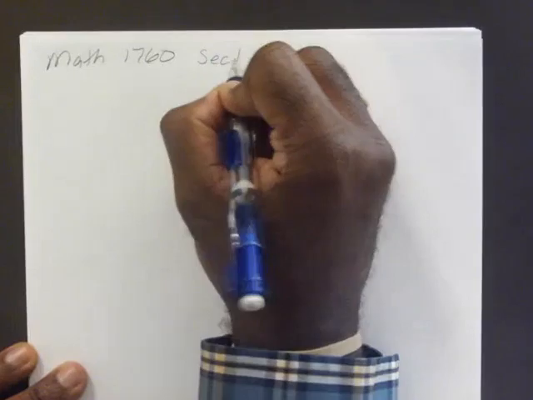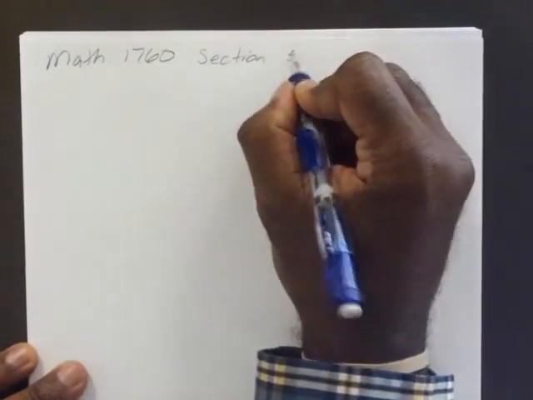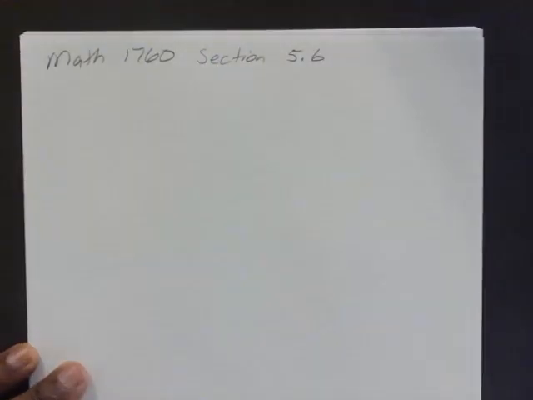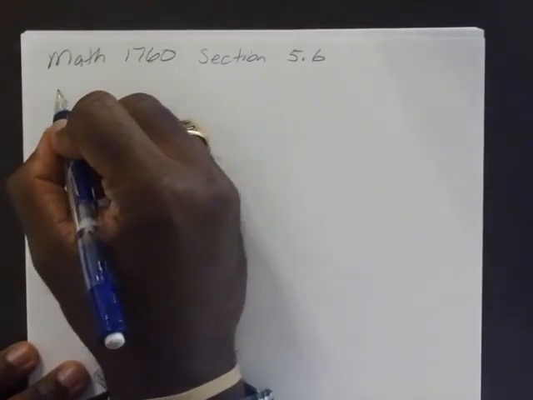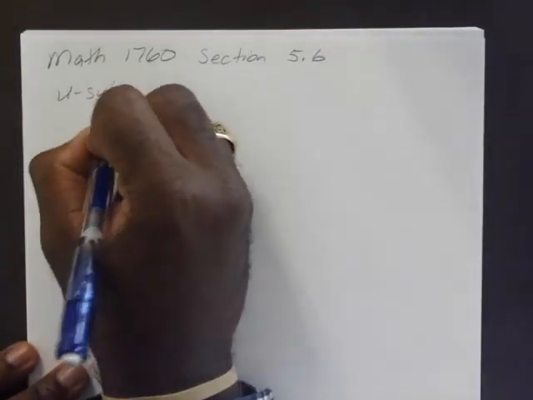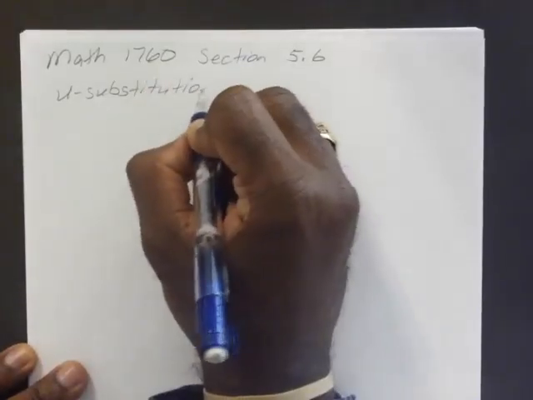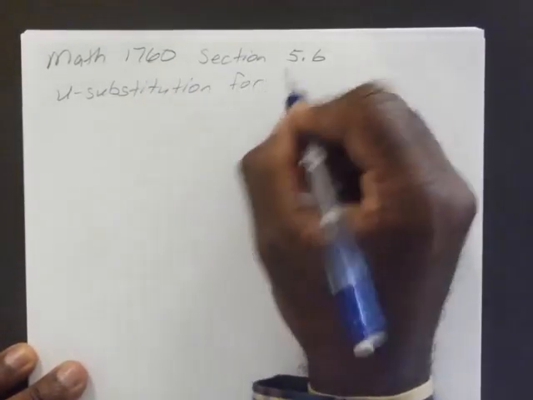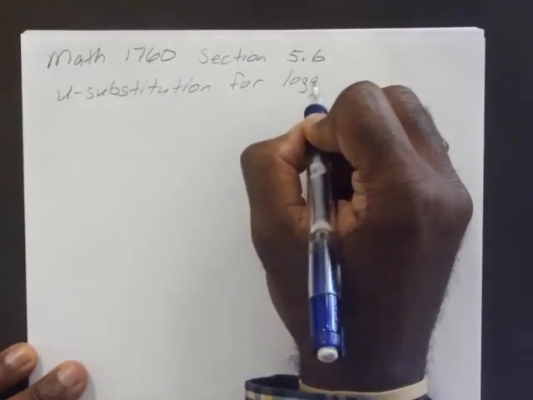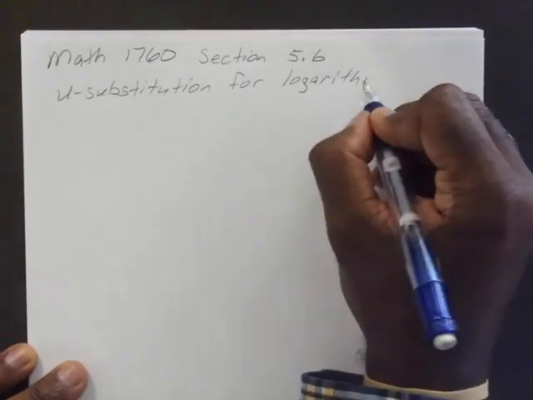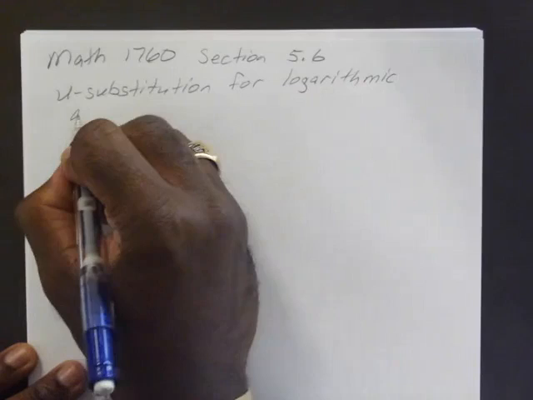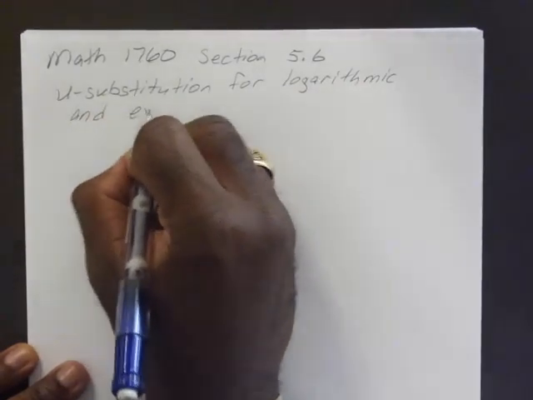Okay, so we have section 5.6, and that's U substitution for logarithmic and exponential functions.